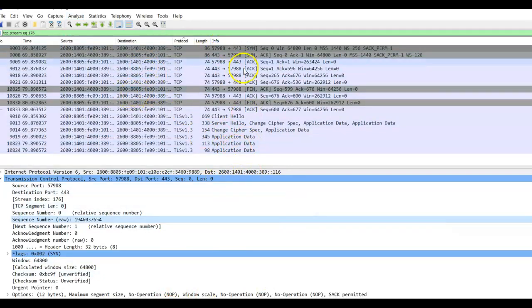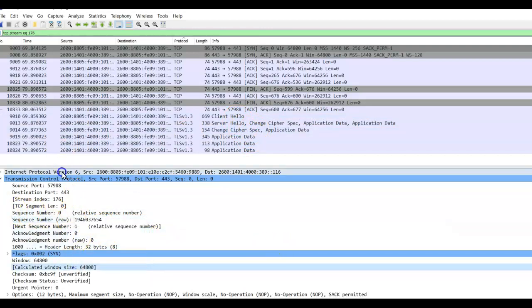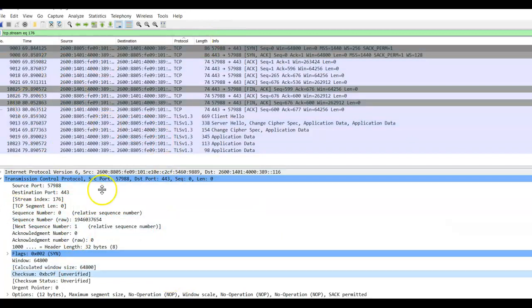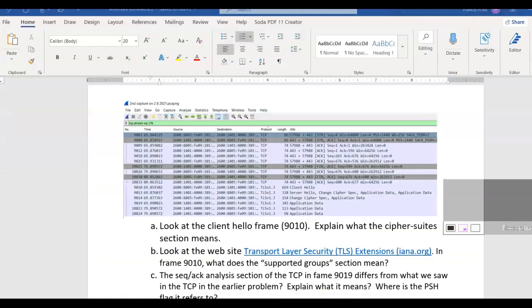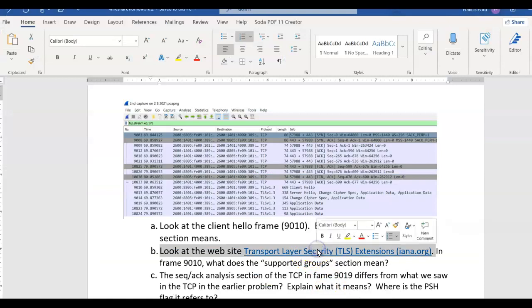Now you'll notice in here things like client hello, server hello, change cipher specification. When you do it, you'll find a lot of unusual things in here. Again, if you want to know and if you're going to get the answers to this, you may have to go and look at some of the things on the internet.